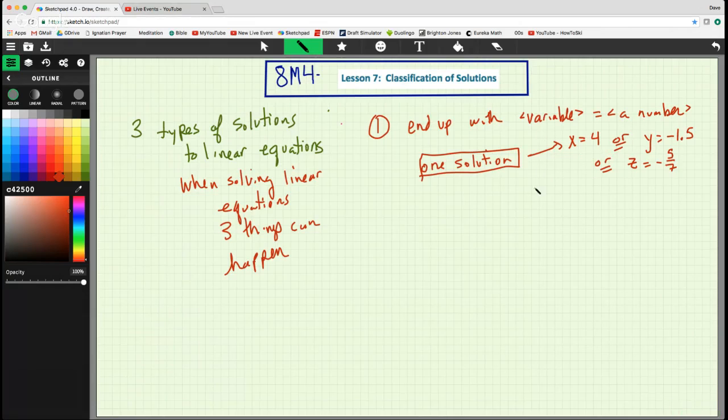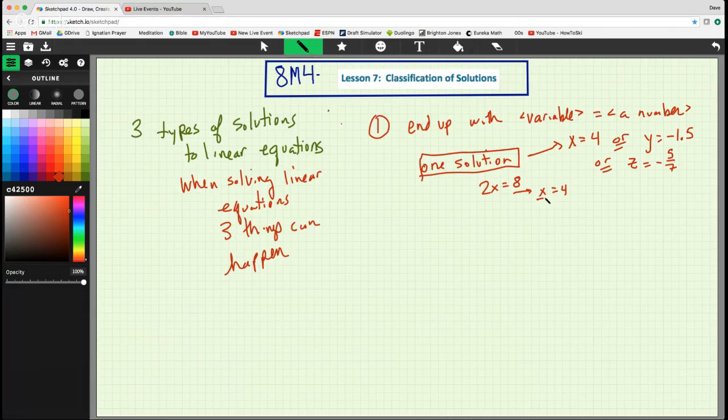And no other number will work. An example would be 2x equals 8. I solve it down and I get x equals 4. And no other number will work. 0 won't work because if I plug it in, 2 times 0 equals 8 won't work because I'll get 0. 1 doesn't work. Negative numbers don't work.